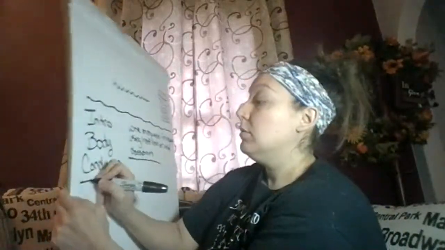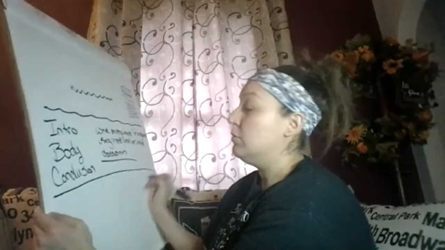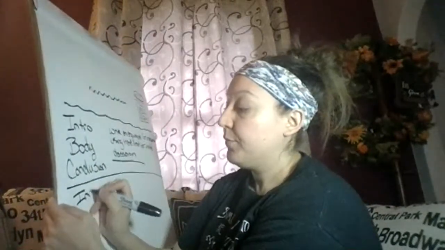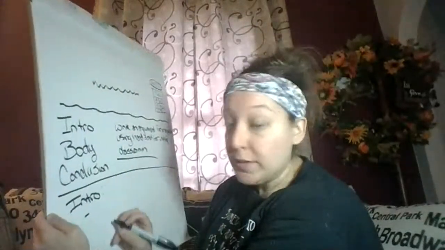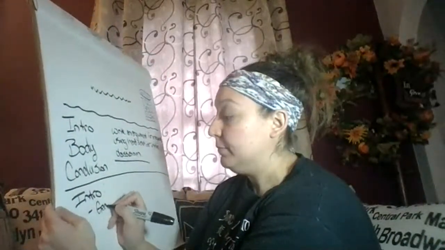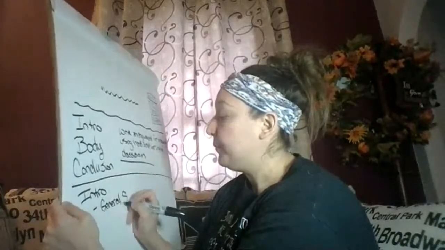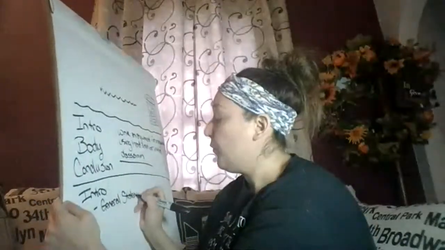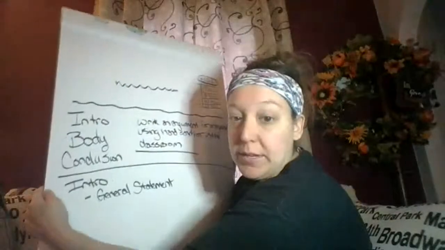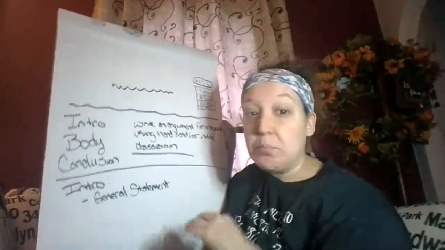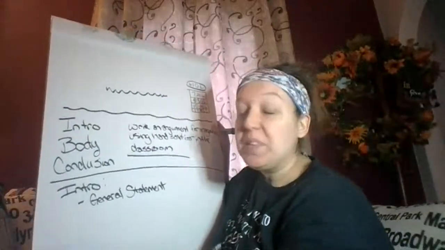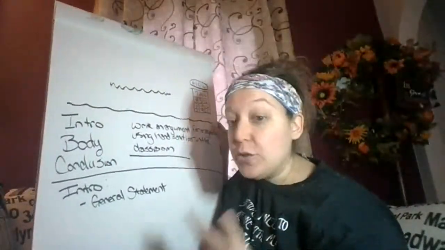So let's talk about the intro. Your intro always starts with a general statement. A general statement is just a statement that's broad. There's no specifics about it. It should be very, very easy.